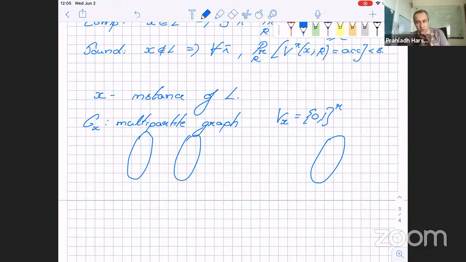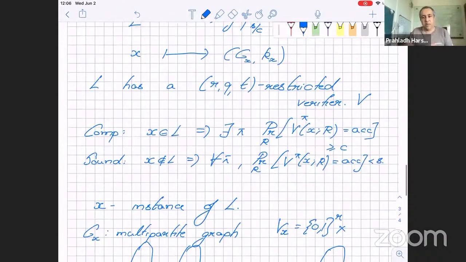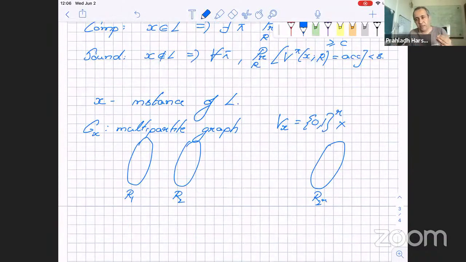We're going to do exactly the same thing. That's why I call this a Karp reduction. Instead of clauses, the parts are going to be replaced by every possible random coin. So this is R1, R2, and eventually 2 to the r. For every random coin, we have a part. There we had 7, because 7 were the possible satisfying answers.